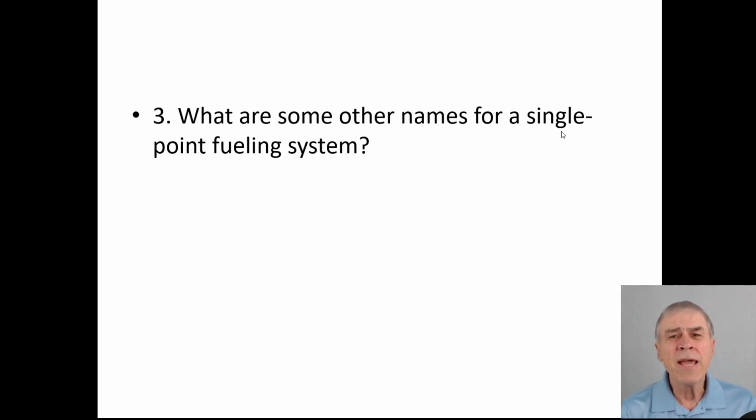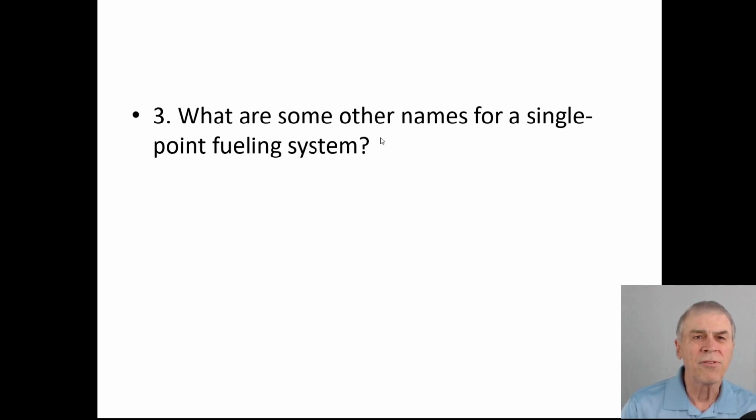What are some other names for a single point fueling system? Well, the main one I would use is pressure fueling, but we have also heard underwing fueling. Anything else? Fuselage, perhaps? On the Caravan, I'm not sure what we would have called that.